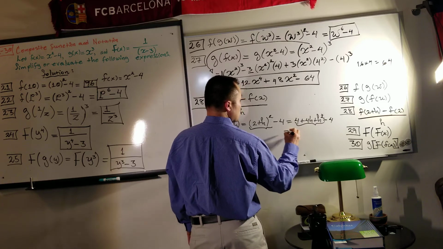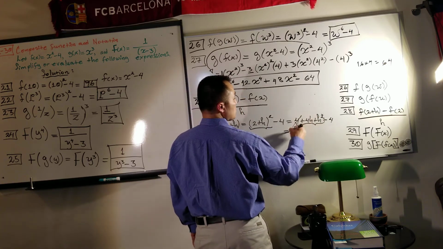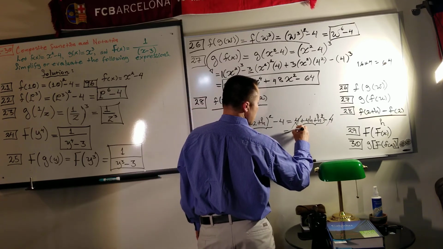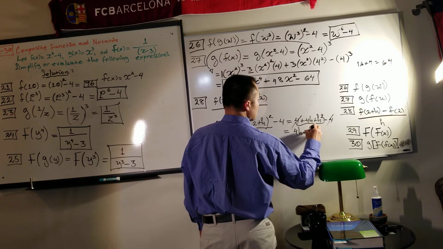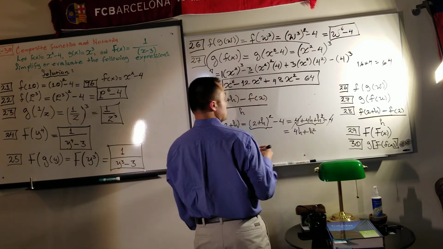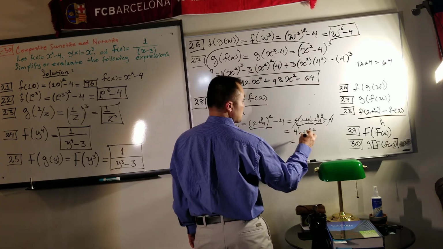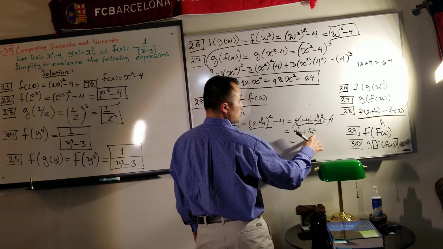So this is going to be equal to 4 minus 4. We reduce the expression and we have 4h plus h squared. And this is going to be equal to, we can factorize this expression, right? What's the common factor of 4h plus h squared?